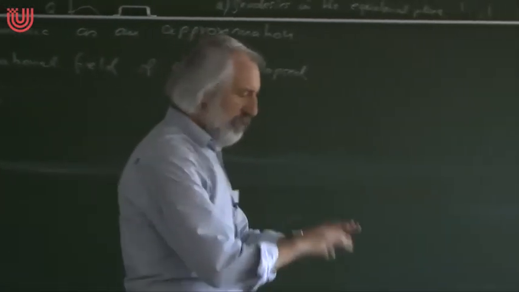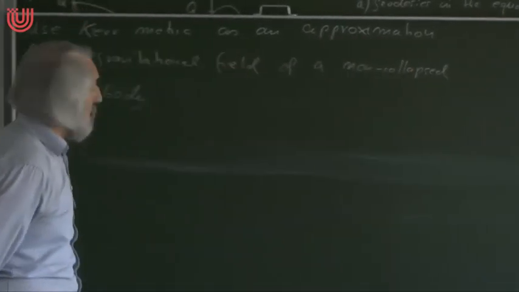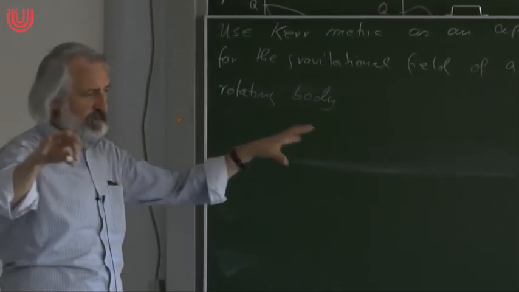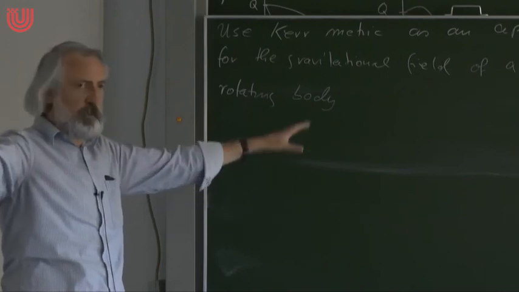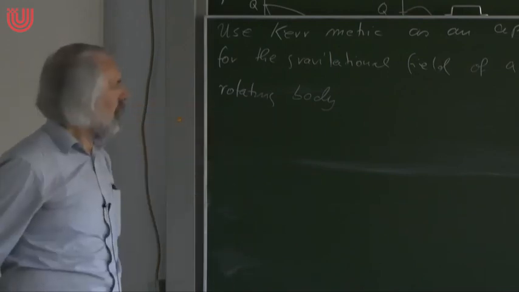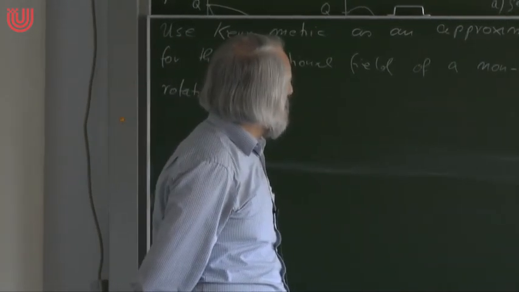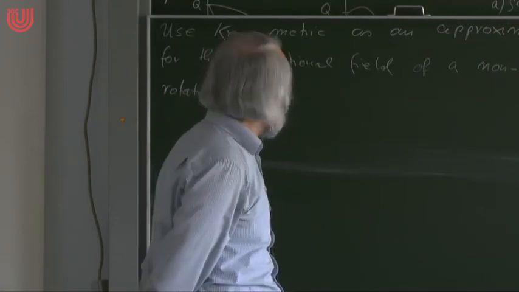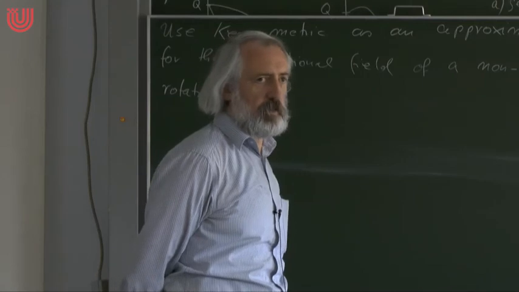And they are, for all rotating bodies which we know, different from the Kerr ones. So the Kerr solution has a particular sequence of multipole moments. Here you can start with the 1 over r term, then comes the dipole term, and so on. You can do multiple terms of arbitrary order. And these will not be the multipole moments of any existing rotating body, of the Earth or of stars or anything like that.